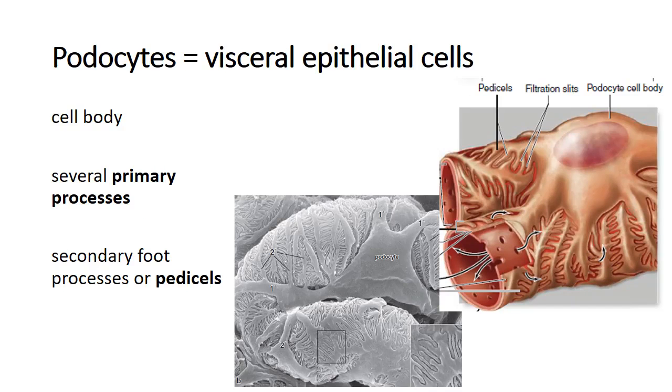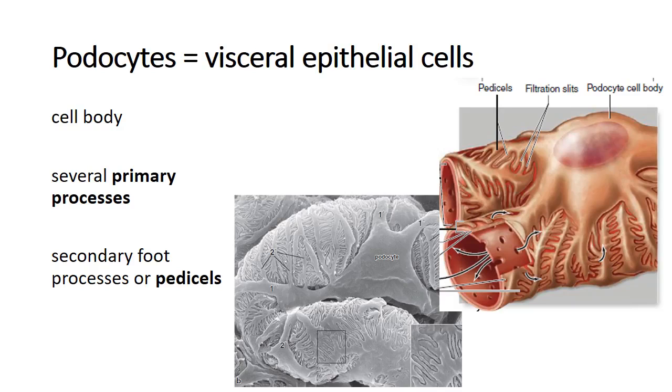As we can see here, the podocyte, which is the visceral epithelial cell, is composed of a cell body sending several primary processes, and each process sends secondary processes that interdigitate with the secondary processes of other podocyte cells.